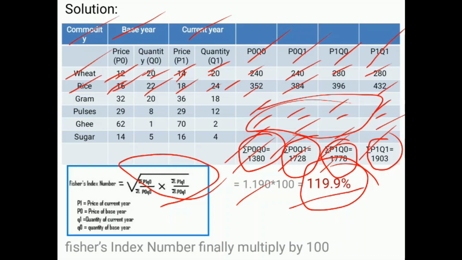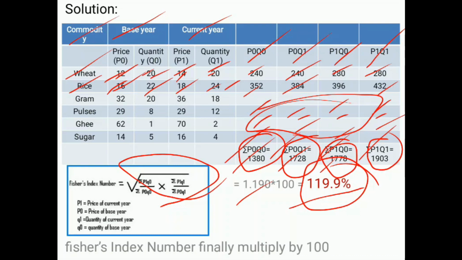119.9 percentage. So after getting this value, what do you mean by this? It means that, for example, in the current year 2010 it is 119.9 rupees for a certain commodity on a certain quantity. The base year might be the previous year or any previous years.